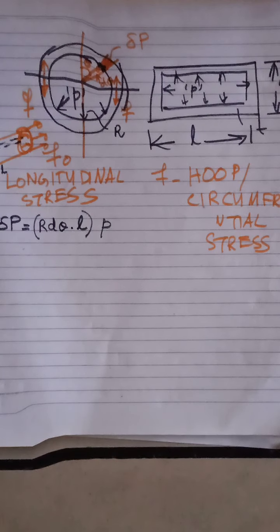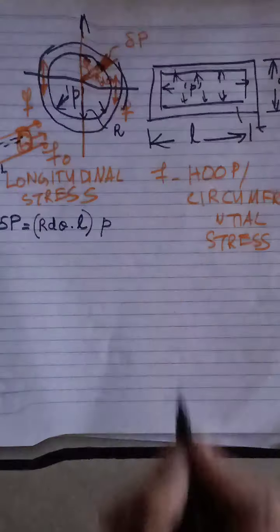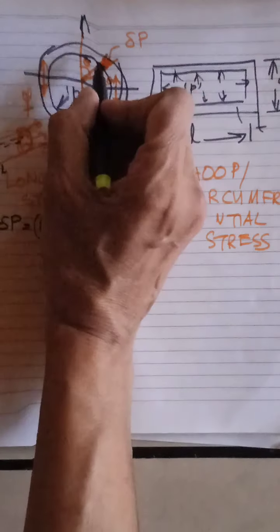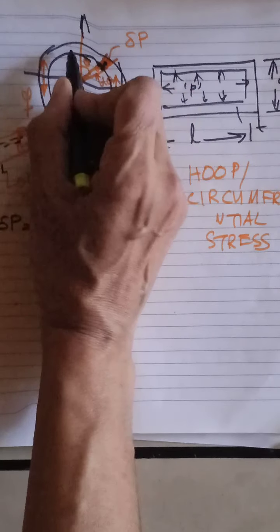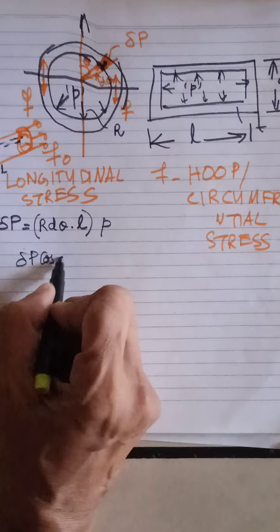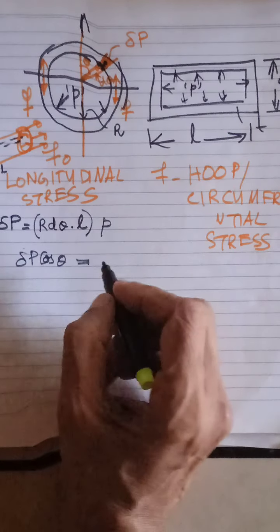Now what you are going to do is resolve the force in the vertical direction. This is your vertical direction. Resolving the forces, delta P is acting here, so delta P cos theta is the force acting in the vertical direction.